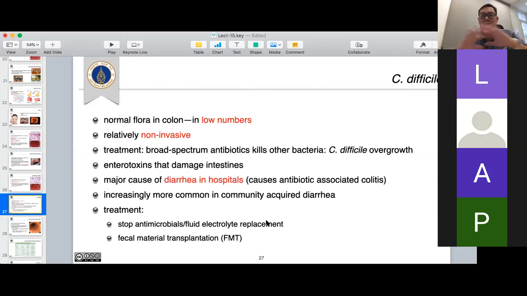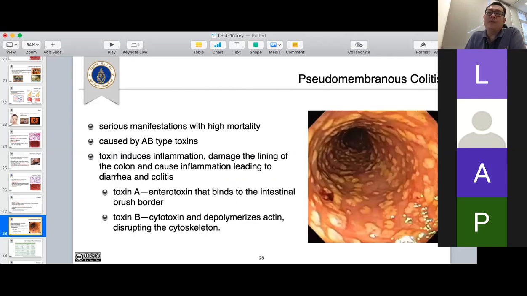Once the good bacteria die out, C. difficile overgrows because they lost balance between bacterial populations. When C. difficile grows, they produce more toxin. When the toxin is produced, it causes pseudomembranous colitis. Colitis means inflammation in the colon, and pseudomembranous means they grow like a pseudo abscess, the white area inside the colon, like this picture. That comes from the action of the toxin.